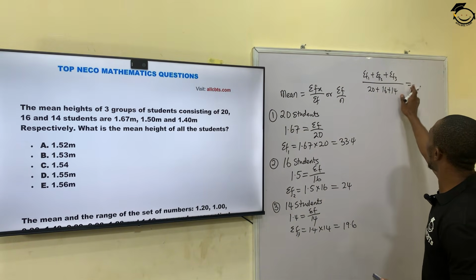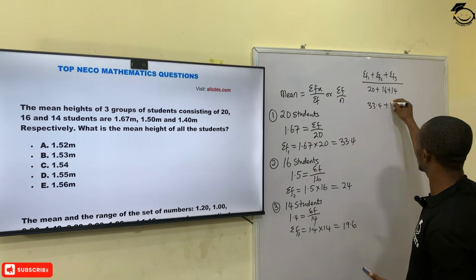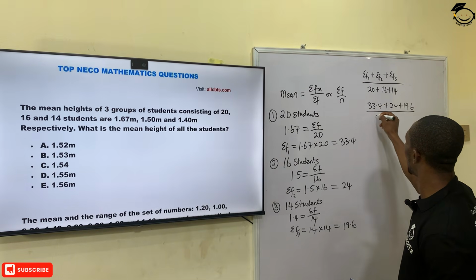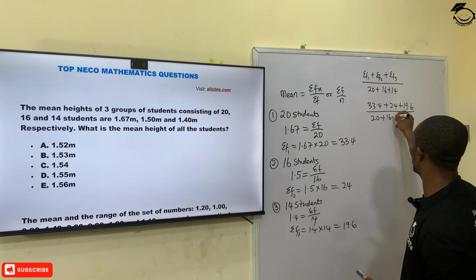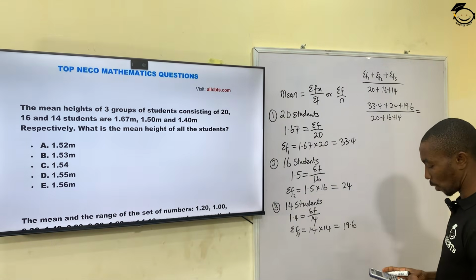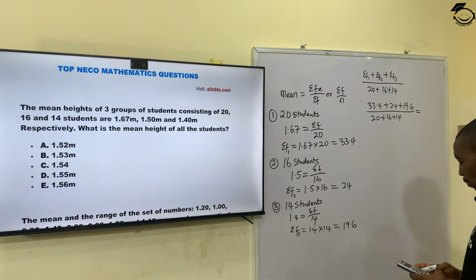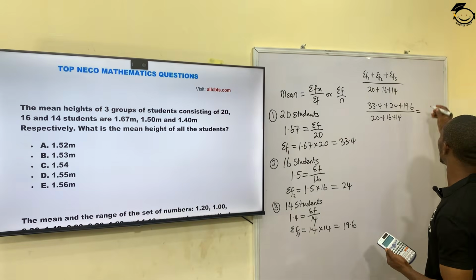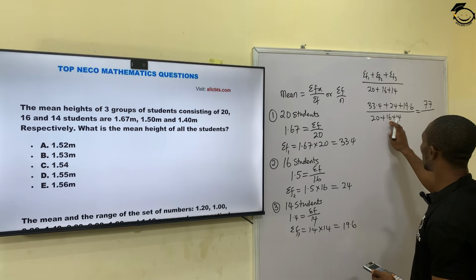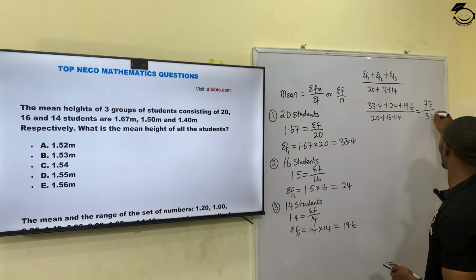Now, our sigma f is 33.4 plus 24 plus 19.6 all over 20 plus 16 plus 14, which gives us 33.4 plus 24 plus 19.6 gives us 77 all over. Adding this up, 16 plus 14 is 30, plus 20 will give us 50.